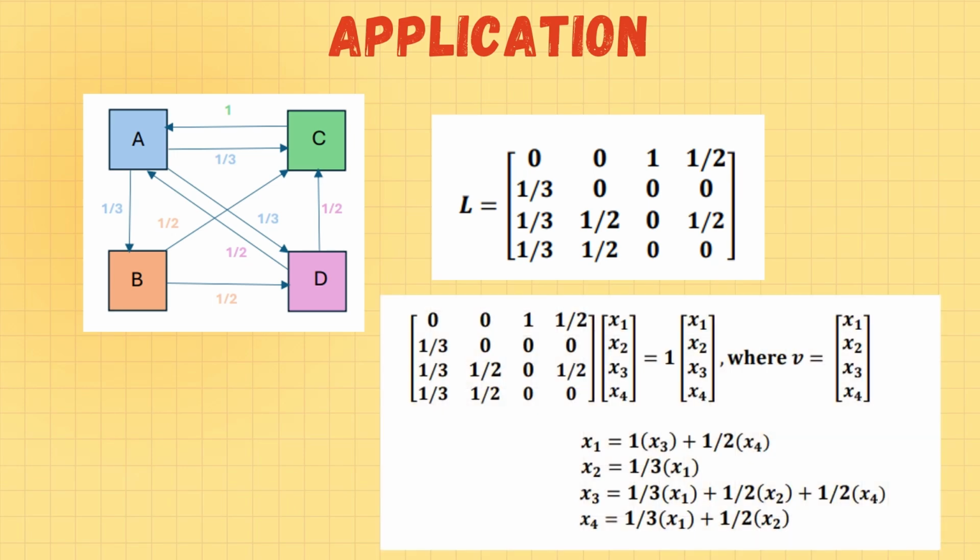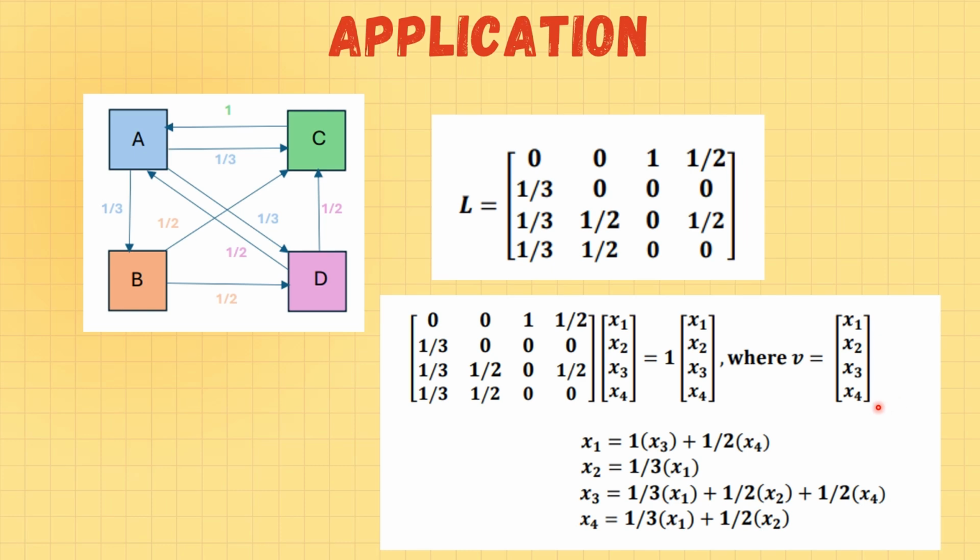From here we can say that AX = 1X, where A is the matrix, X is the vector, and 1 is our eigenvalue. The vector is x1, x2, x3, x4.